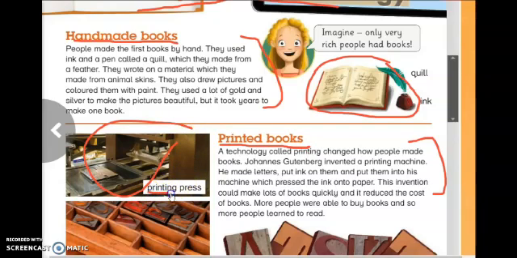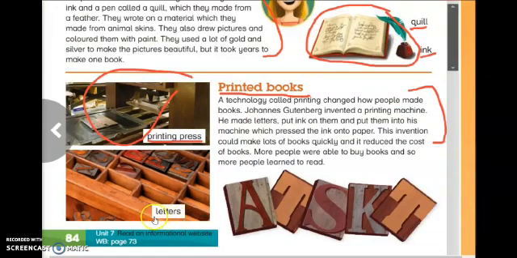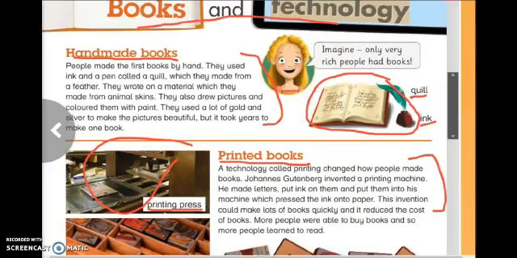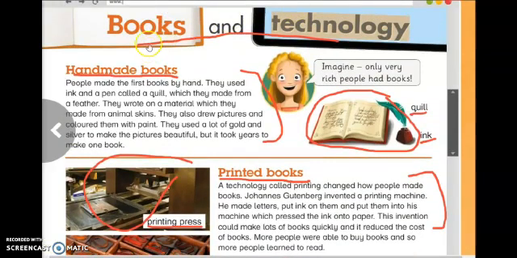Here we have a printing press. Also here we have another label which is letters. So these are the features for the informational text. As we said, we have headings, also subheadings. Also, we have pictures and photos, labels, and paragraphs.